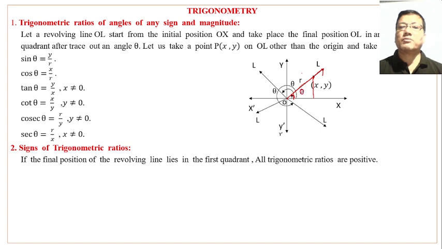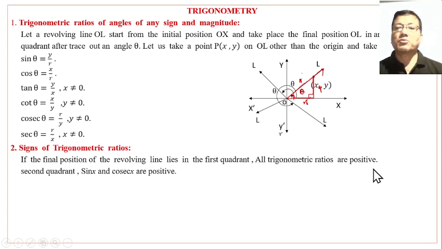The x coordinate is always positive, the y coordinate is always positive, and r is always positive. So every ratio is always positive, and all trigonometric ratios are positive.